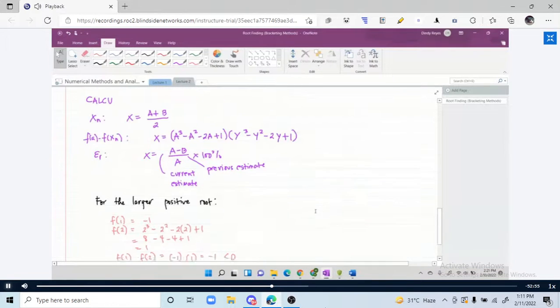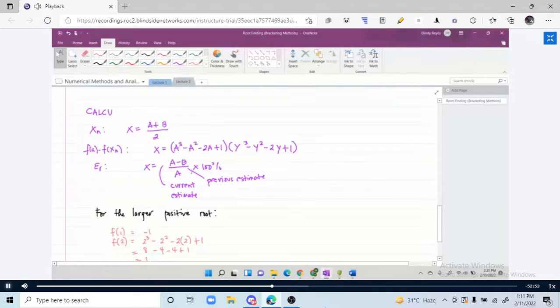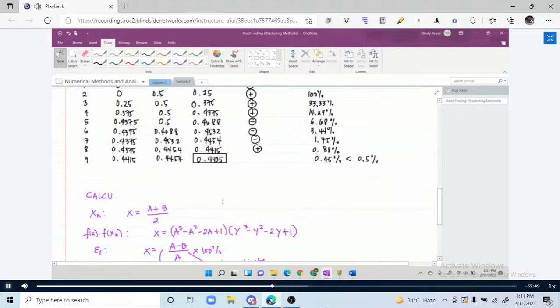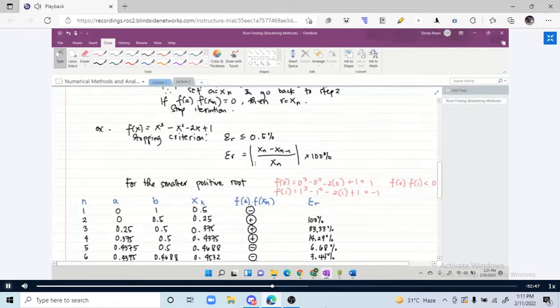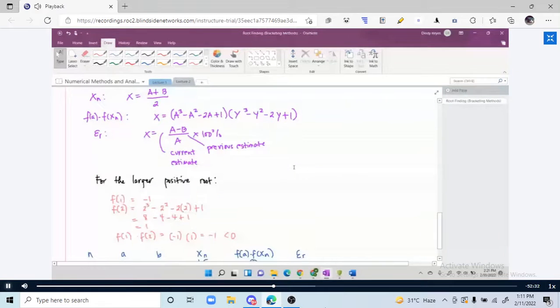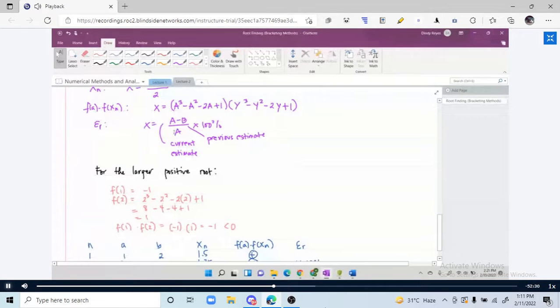Okay, paano kunin yung sa error? Relative error is this, di ba? Sabi ko, you write this in your calculator, exactly this, because this is our formula for relative error. So this is the current estimate minus the previous estimate over the current estimate times 100. Now, I don't want the answer to be negative, so laging may absolute value ito, no? Sa calculator mo, enter this exactly and then shift solve.